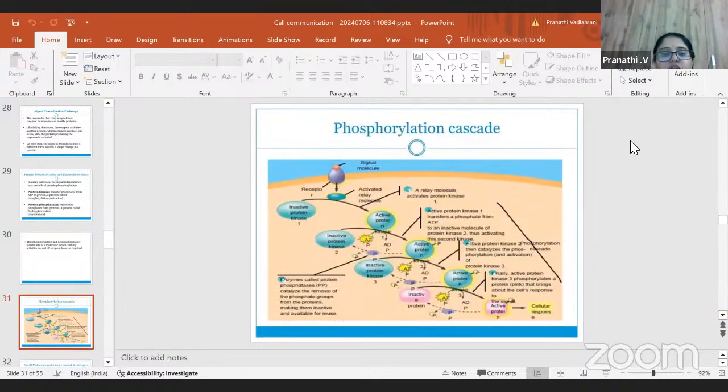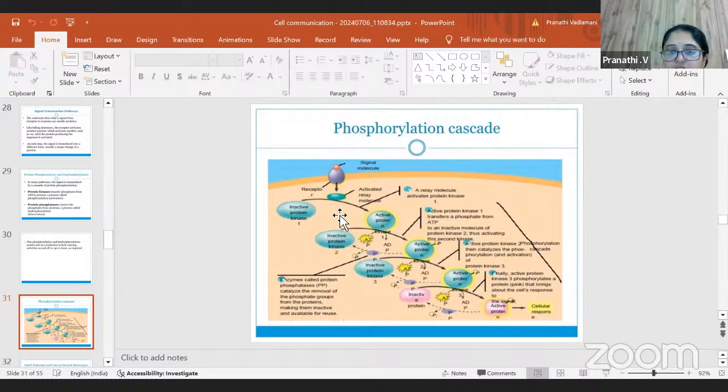So in a phosphorylation cascade, you see a signal molecule. Like I told you, it can be any kind of signal molecule, for example growth factors, insulin, or insulin-like growth factor. This is the receptor. It can be tyrosine kinase or serine threonine kinase. It gets activated, and of course energy is released here.